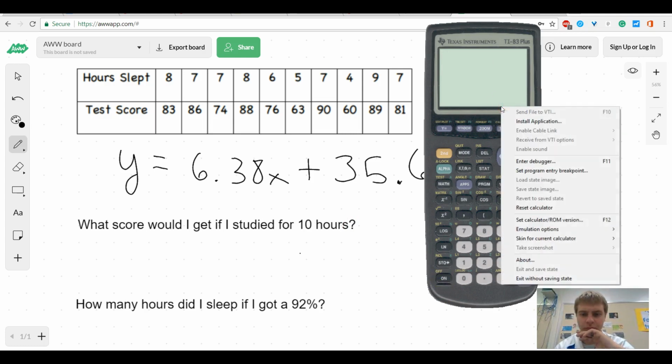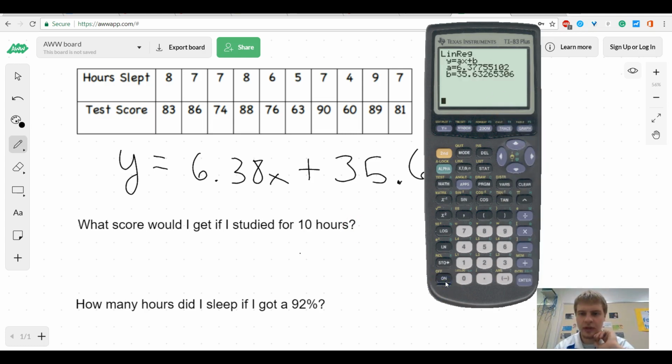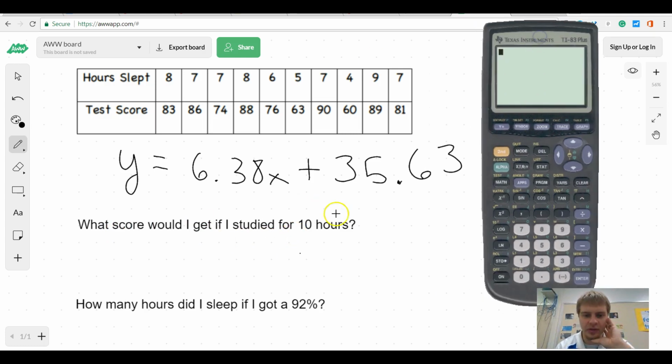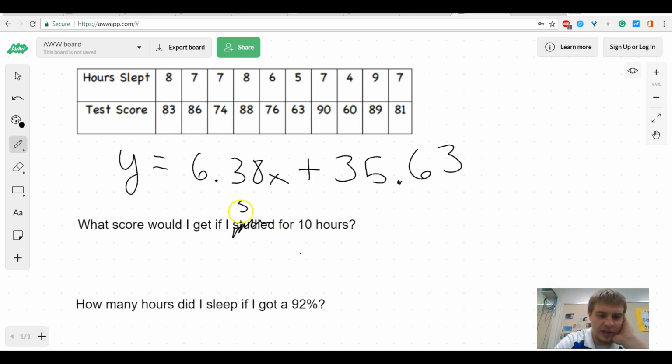So now we are going to answer these two questions. It says, what score would I get if I slept for 10 hours? I want to use my equation for that. For the hours slept, we know it's outside of this data range.